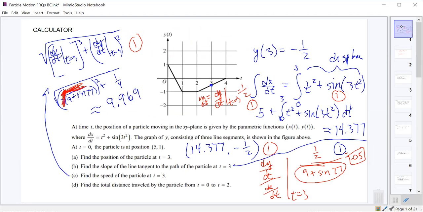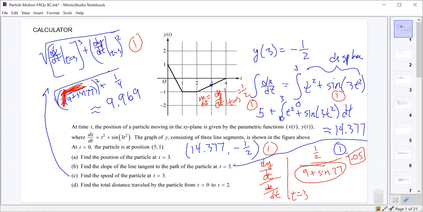Yeah, Delphine. So the total distance traveled is always just the integral of the magnitude of the velocity vector. The integral of speed is always total distance traveled. Maybe you remember that from last year also.